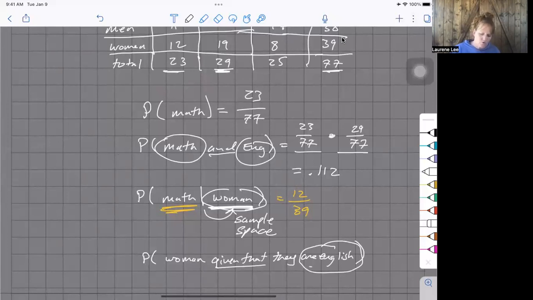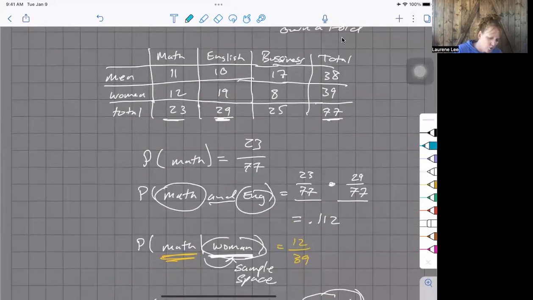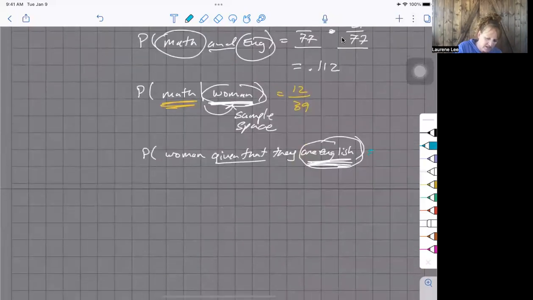So I'm looking at only English majors. Given that is a fancy way of saying that it must be. So I want a woman that must be an English major. So I'm going to go up to my chart and look only at English majors. And then in that circled thing, what's the probability of me getting a woman? Well, there's 19 out of the total English majors, which is 29. So this is going to be 19 out of 29.